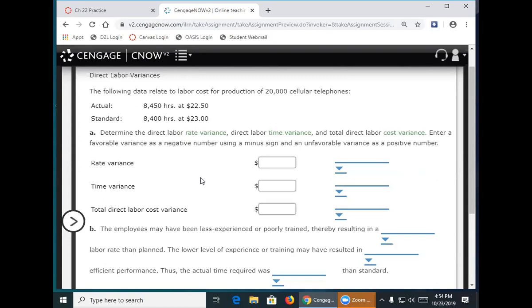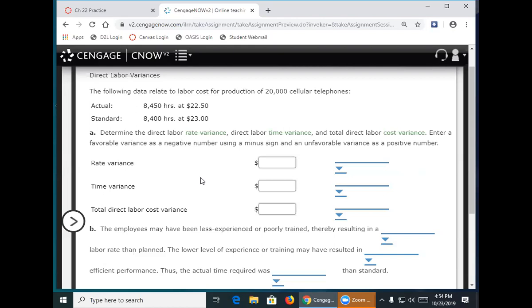Okay, so the first one we're going to do is the rate variance. For this one, we're going to take our actual pay rate, so the $22.50, minus the standard rate of pay of $23.